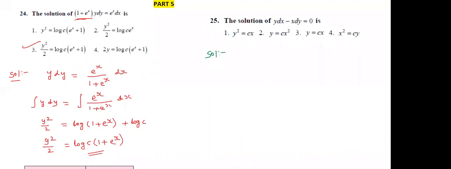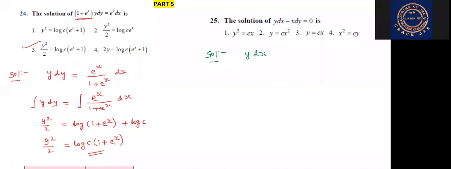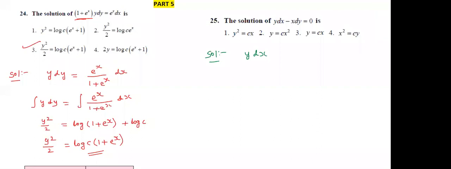Now go to the 25th question. What is given? y dx minus x dy is equal to 0. y dx is equal to x dy. Now separate the variables. x I am sending to the left hand side, and y to the right hand side. Apply the integration.